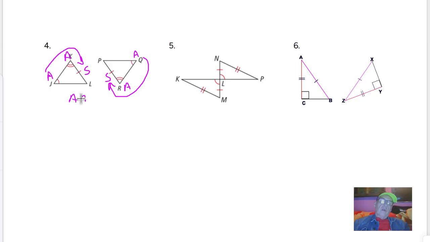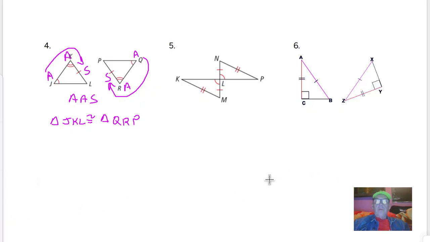These two triangles are congruent because of AAS. Let's say I wanted to go JKL, triangle JKL, then I would have to name the congruent triangle carefully. Notice I went from J to K, I went from 1 to 2. I have to go from Q to R, and then to P to get the letters, or the vertices, in the right order.